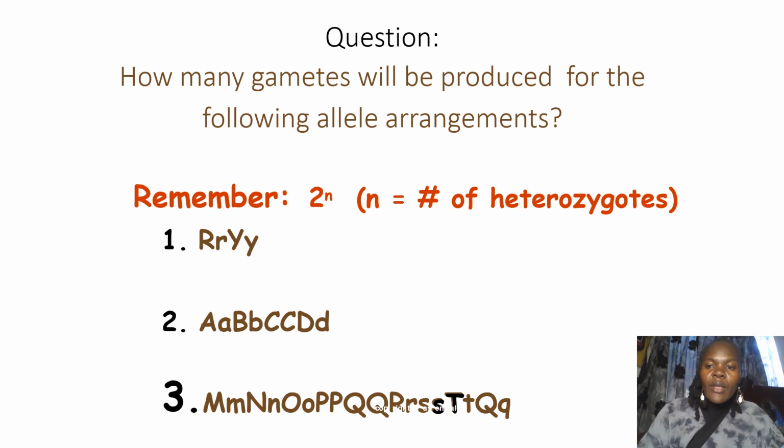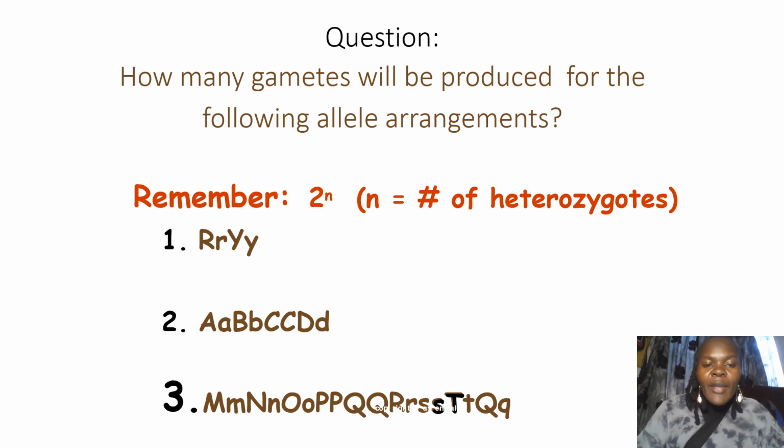How you can talk about the number of gametes in the population you're working on. Still, we are stressing the dihybrid cross, explaining the independent assortment. So we can remember that the formula is 2 to power n, where n represents the number of heterozygous.